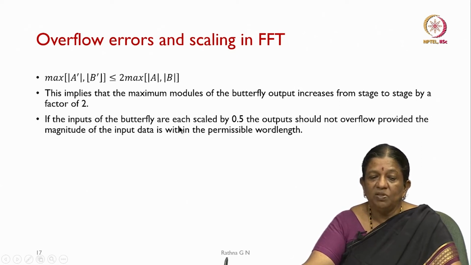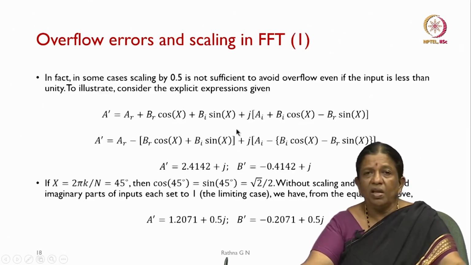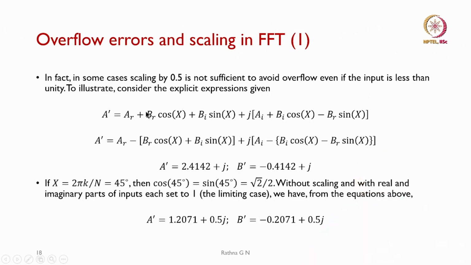So, if the inputs of each butterfly are scaled by 0.5, the output should not overflow, provided the magnitude of the input data is within the permissible word length. So, how we have considered 0.5 as the scaling factor and then derived the magnitude is illustrated by this example.